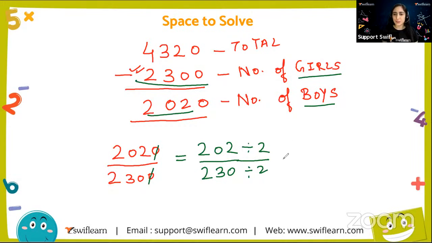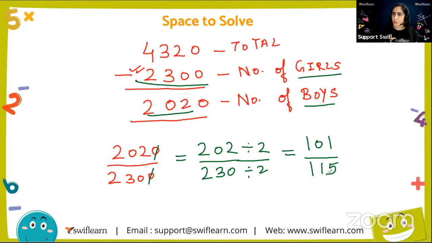So by dividing, when I divide 202, I get 101 over, when I divide 230 by 2, I get 115. I think this we all know.